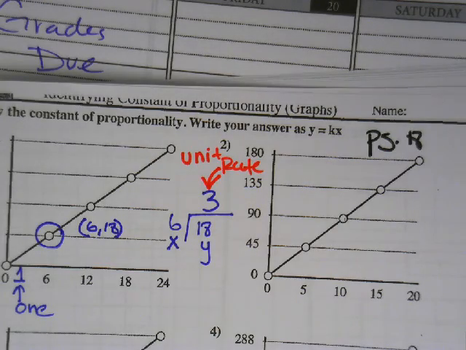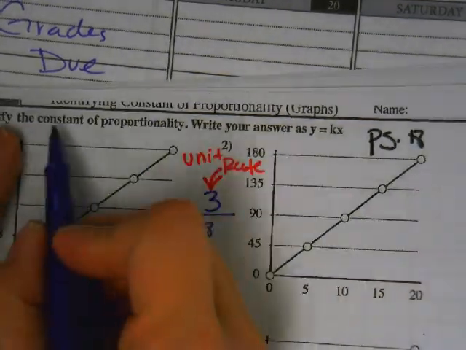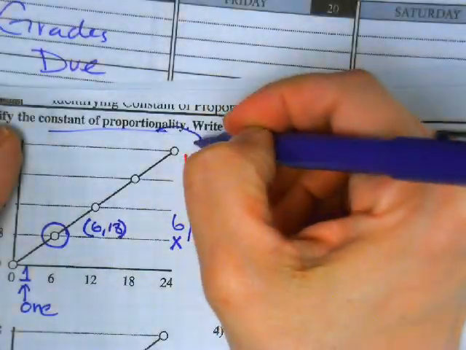So constant of proportionality is just a fancy word for unit rate. They'll do that on the math test or the SBAC. They try to make it hard. If you read constant of proportionality in anything, all you have to know is that it's unit rate. But you know better now.